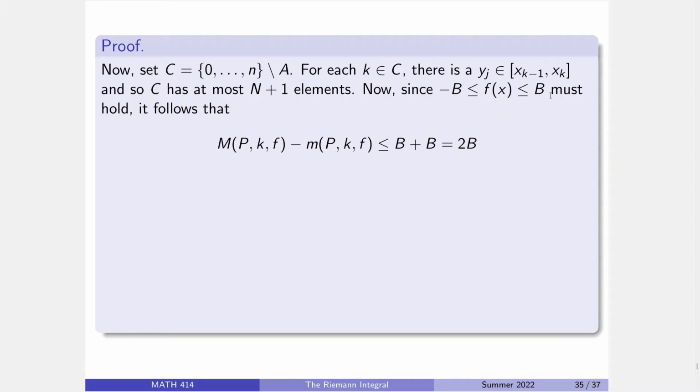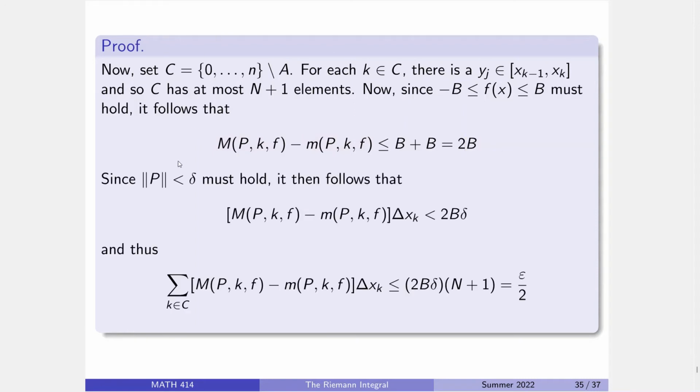Now B is our bound for our function, and note f lives between negative b and b. So if you look at the supremum minus the infimum, it doesn't get any bigger than twice b. And now we finally use the fact that the partition mesh size was less than delta, so this cannot exceed delta.